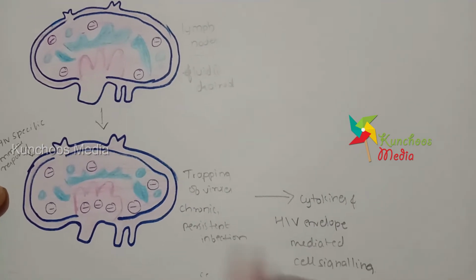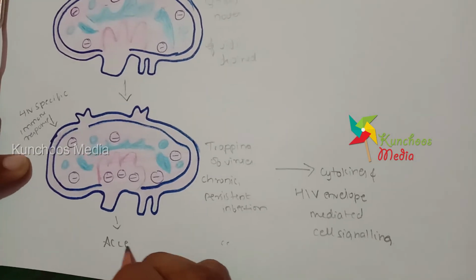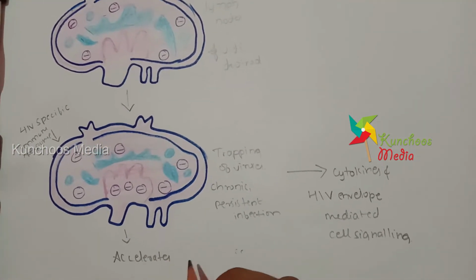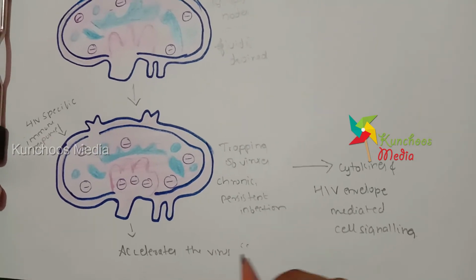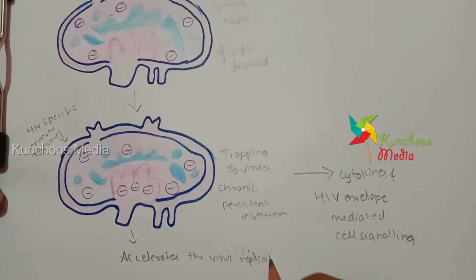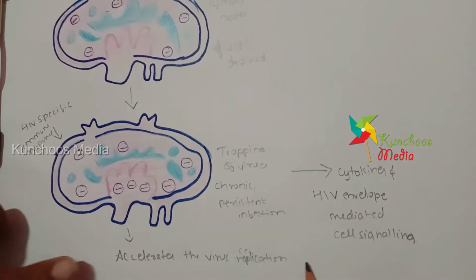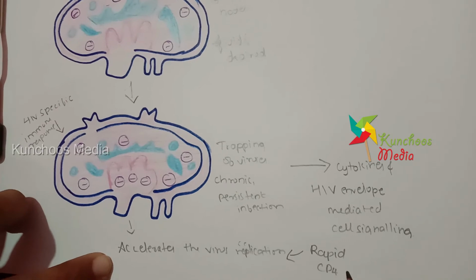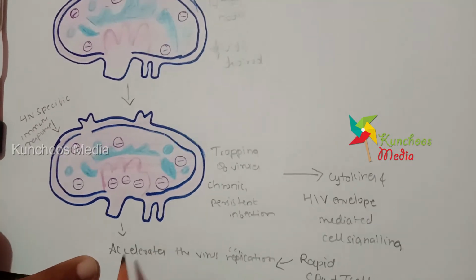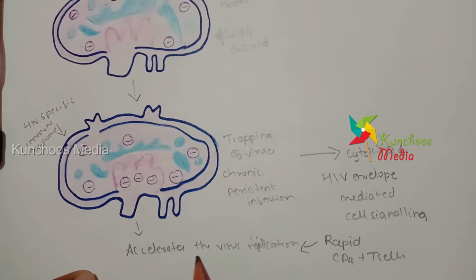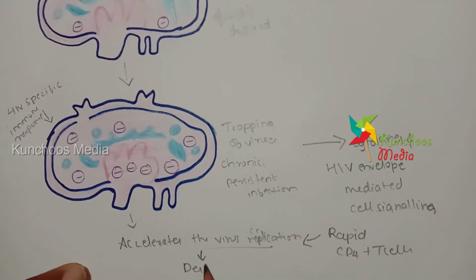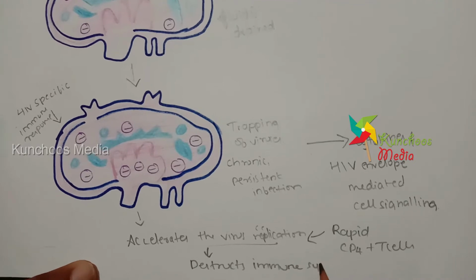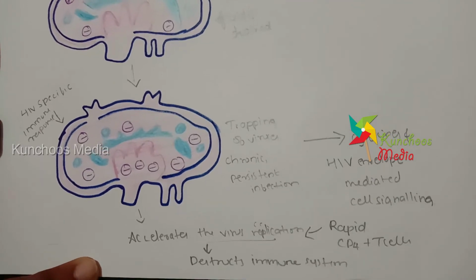After all this, as our immune system is damaged to an extent, it accelerates virus replication, which means virus particles are generated more and more. This occurs due to the rapid destruction of CD4 cells and helper T cells. Since virus replication takes place at a higher rate, it destroys our immune system. So this is how our immunity is lost.